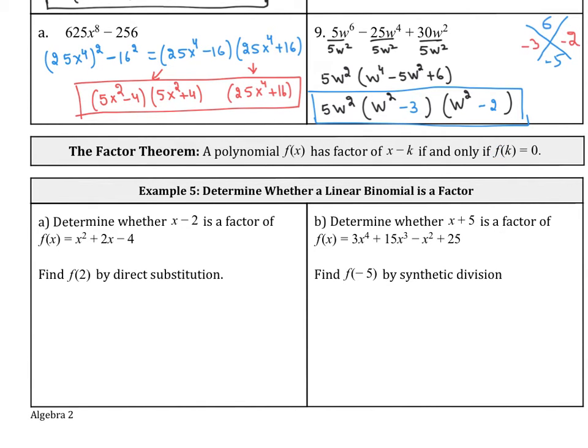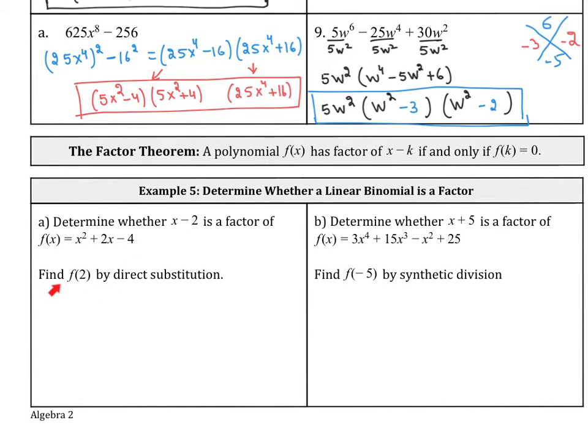Now, we were finding the f of k as a remainder, but if the remainder becomes 0, then we say that x minus k is a factor. If the remainder is not 0, then x minus k is not a factor. For example number 5, we are going to determine whether x minus 2 is a factor of this polynomial, which is x squared plus 2x minus 4.